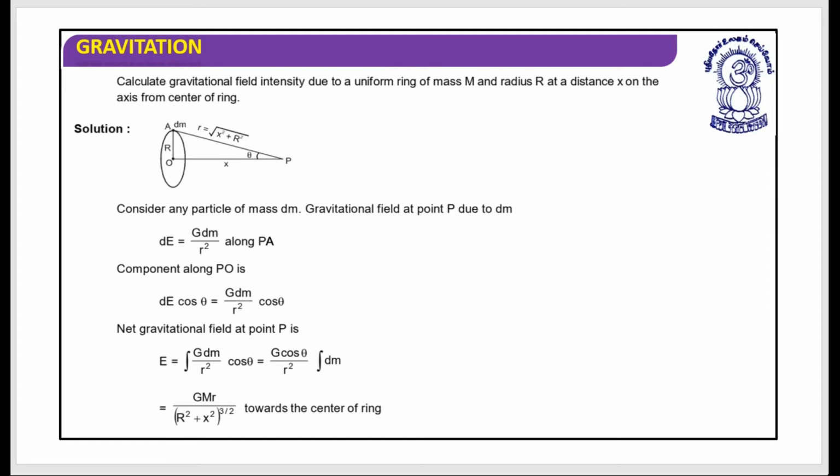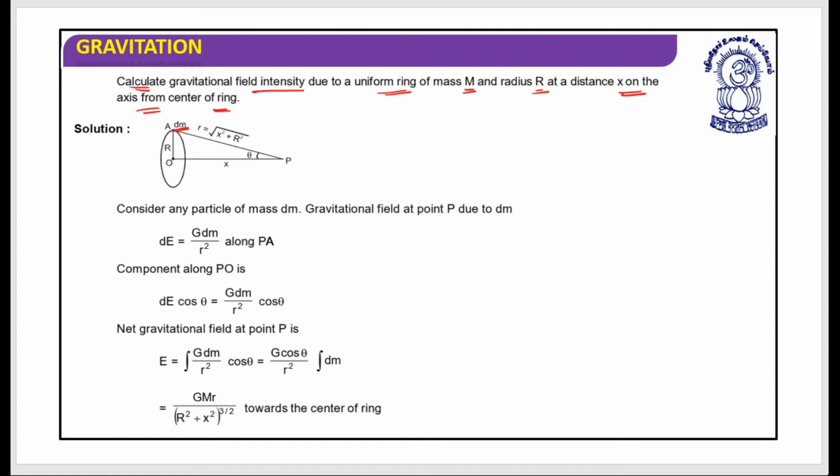In this, we are going to derive a relation for the gravitational field due to a ring on its axis. We will see one of the derivations, and then we will directly come to the conclusions and the relations. Suppose I have been asked to calculate the gravitational field intensity due to a uniform ring of mass m and radius r at a distance x on the axis from the center of the ring.